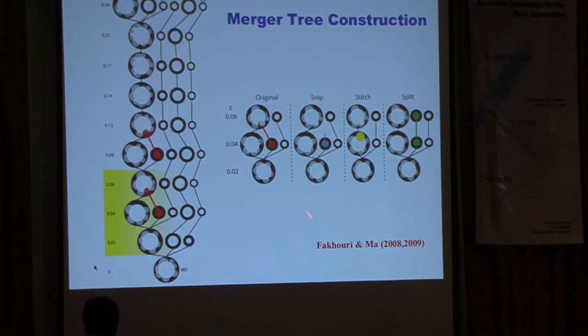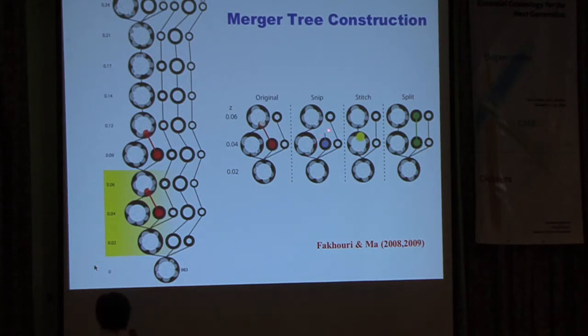So the usual assumption that people make, and that's what they do, is what we call snipping. Basically, if a fragmentation occurs, people generally assume this just goes into the biggest piece, the piece that contains the largest fraction of the original number of particles, which is called the descendant.